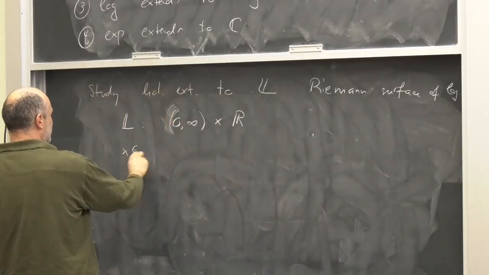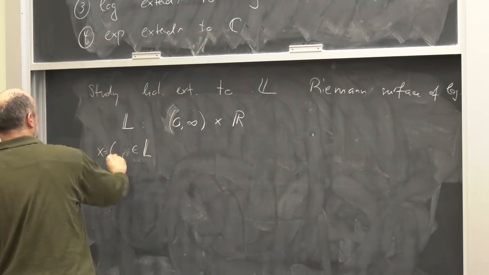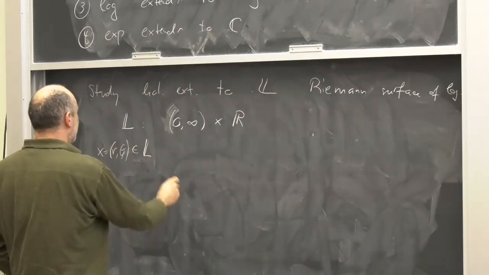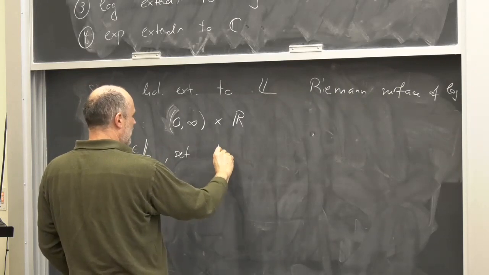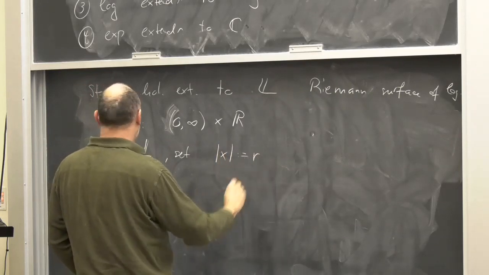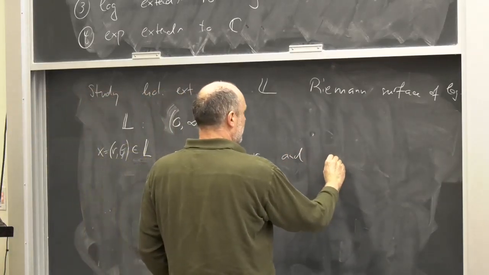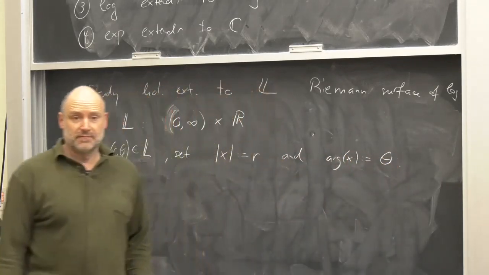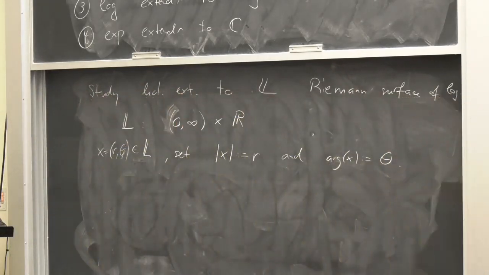So for X in L, it's the radial coordinate and the angular coordinate, so we're going to use the modulus of X to denote r, and the argument of X to denote theta. I hope there are no big surprises here.